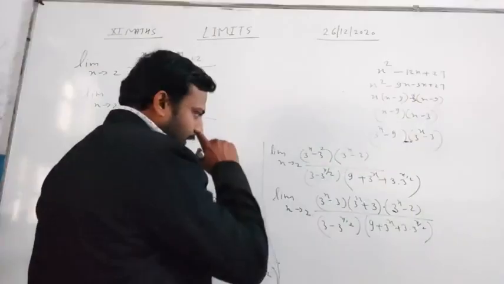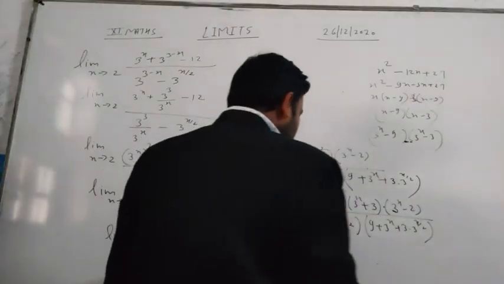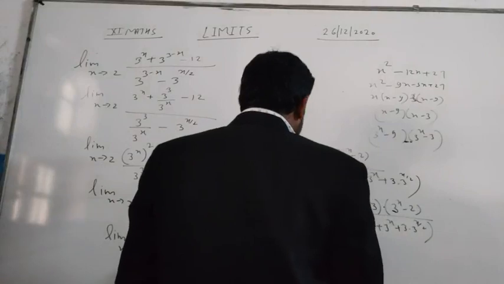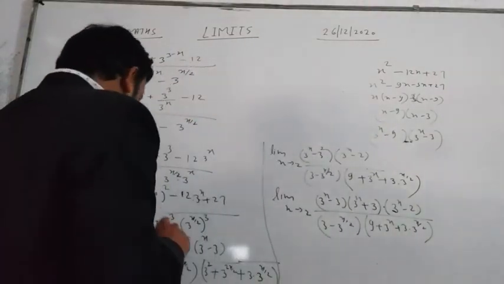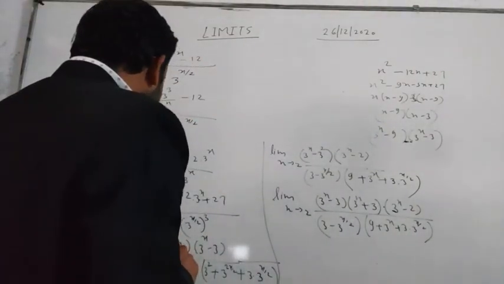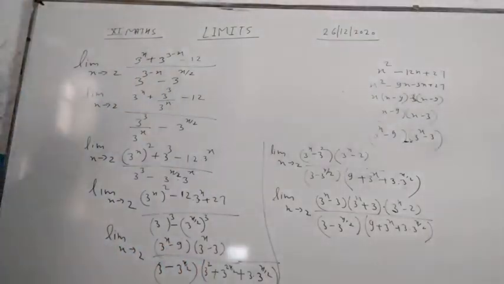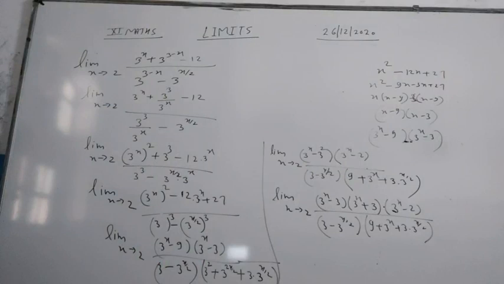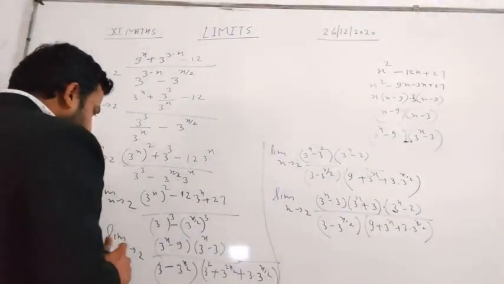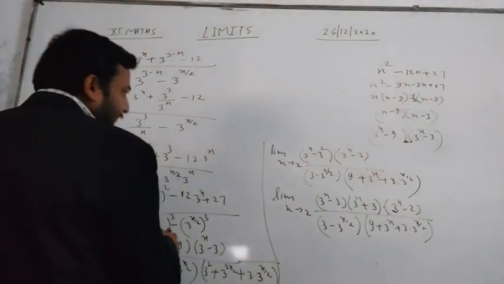Now we will see 3 to the power x by 2. Okay, so now step we make this: this is 3 to the power x.